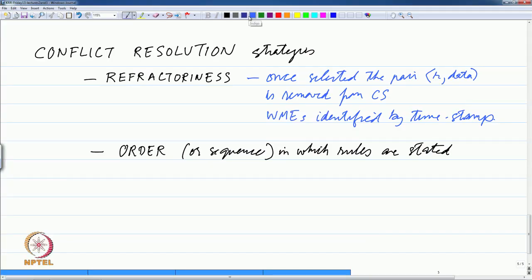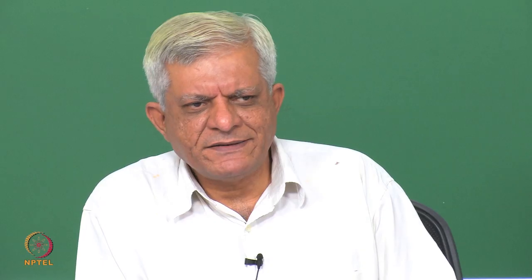So, obviously, this gives control to the programmer. The data has no impact on which rule will get selected. The programmer has said that if these rules are in contention, always select this rule essentially.